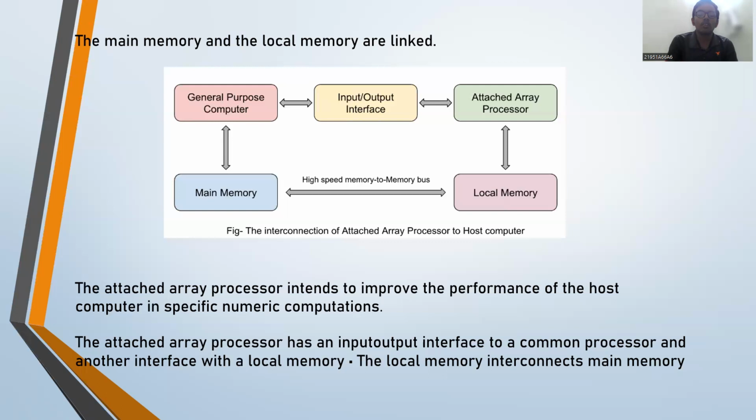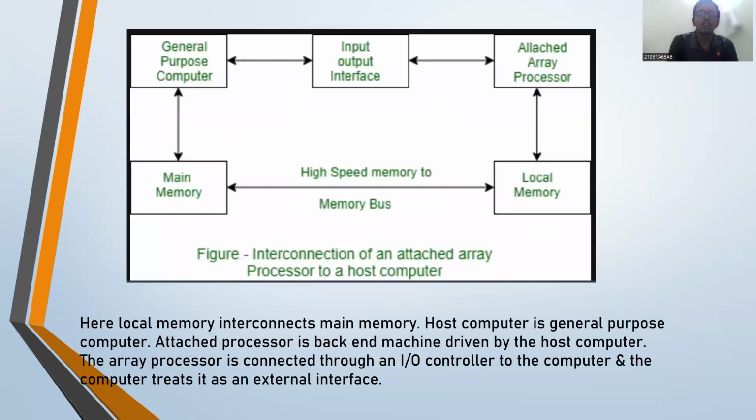The attached array processor has an input-output interface to a common processor and another interface with a local memory. The local memory interconnects with main memory. Here you can see the general purpose computer connected to the input-output interface, which is connected to the attached array processor.